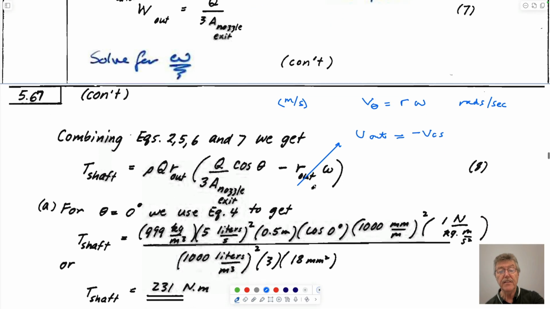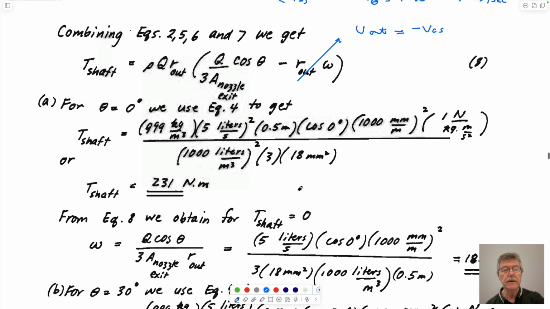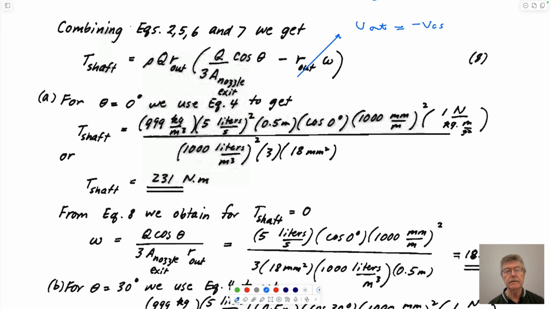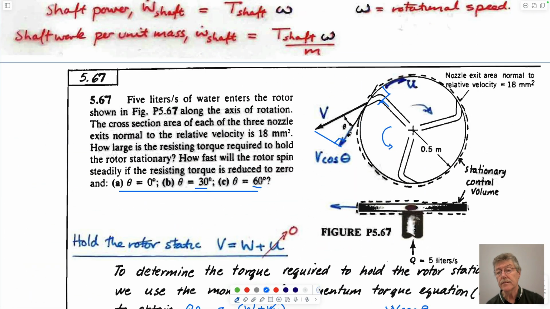So they've substituted that in there, the book. And if you work it out, then you can find out if the shaft is at theta equals 0 degrees. So 0 degrees is parallel to this, right? 90 degrees, this would be 90 degrees. And this is 0 degrees.